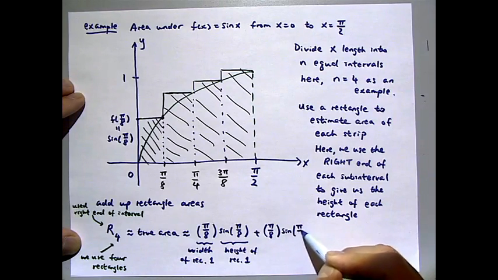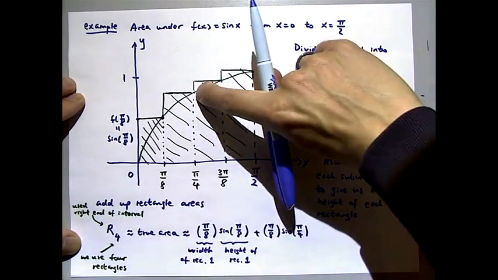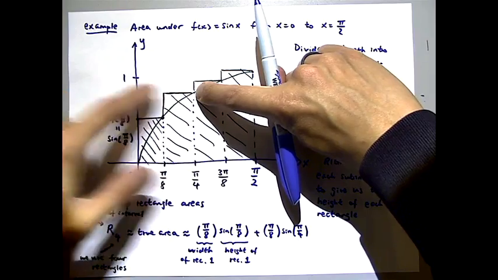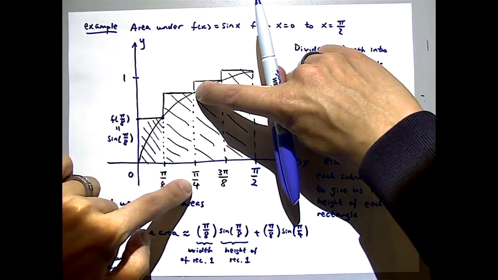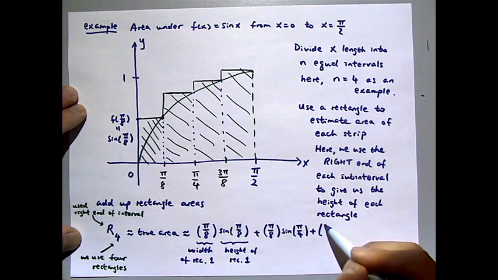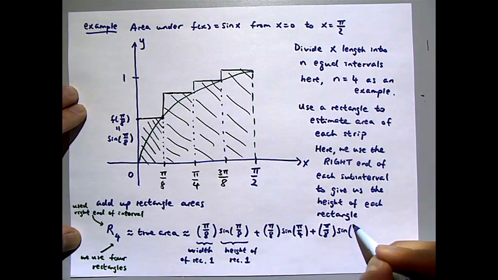So sine of pi over 4, you look at the right end of the second subinterval, look at where it hits the graph. That's on the graph where y is equal to sine of pi over 4. Continue. Rectangle 3. And finally, rectangle 4.